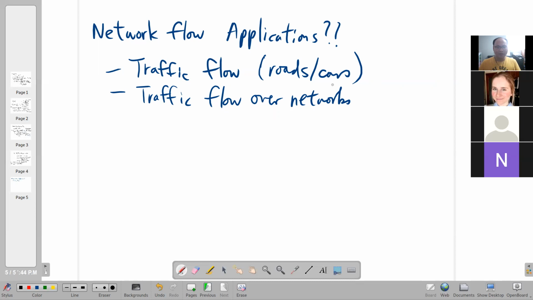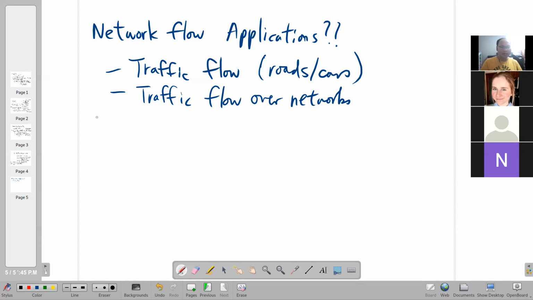And you might know that when you use the internet, it breaks things up into packets, and each packet can be routed independently of each other. And then at the end, somehow everything gets assembled. So how much traffic can you send from one place to another, given the bandwidth of each link, if you're allowed to split things up. Those are the more obvious kinds of applications.